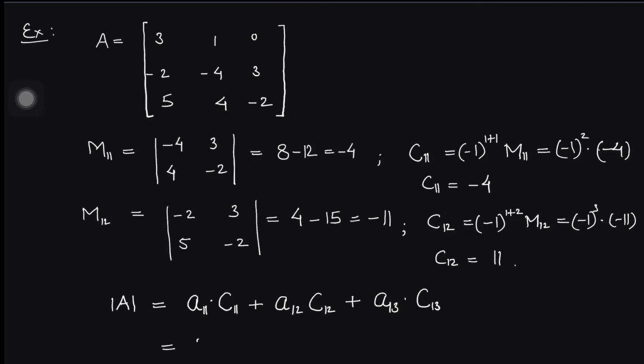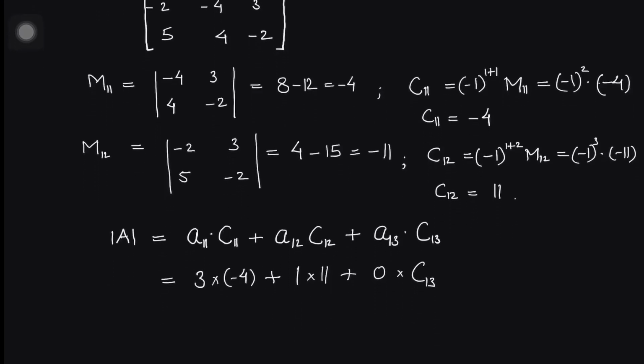So A11 is 3, C11 is minus 4, A12 is 1, C12 is 11, A13 is 0, C13 we did not find because it will be 0. So this is minus 12 plus 11 plus 0. So that means the determinant of A will be minus 1.